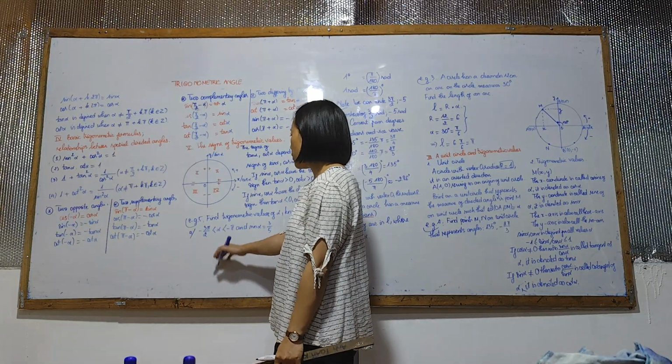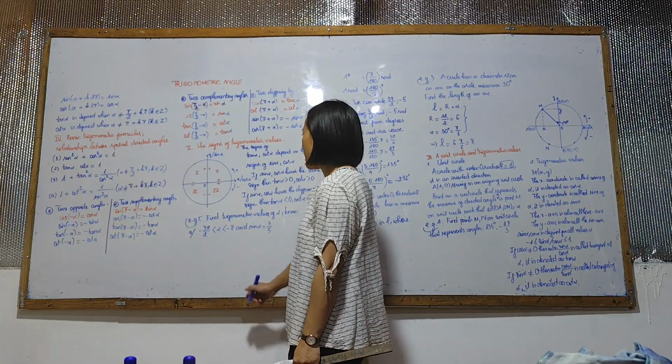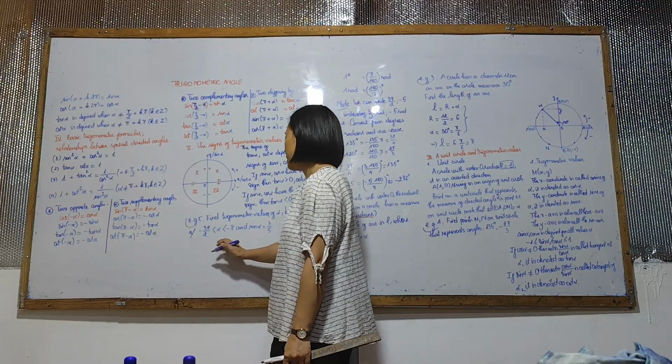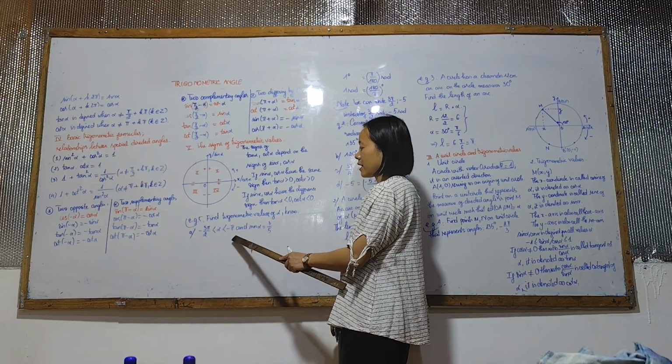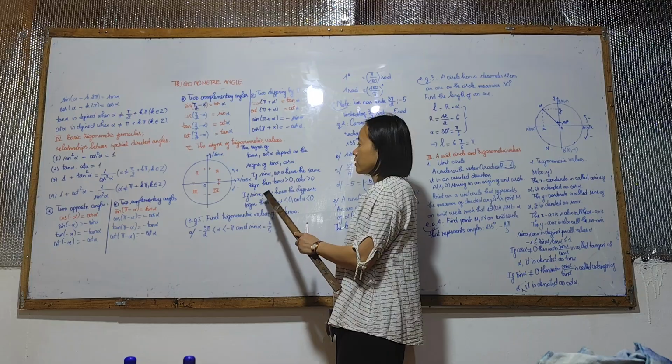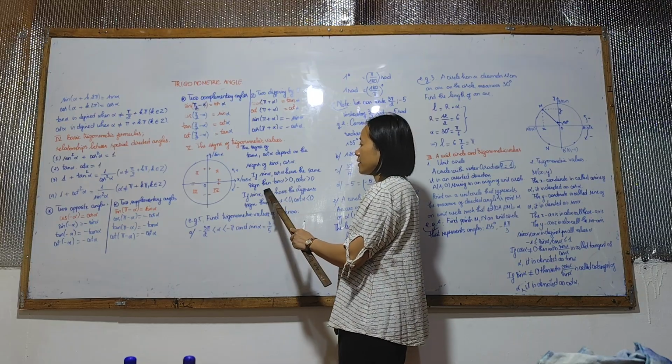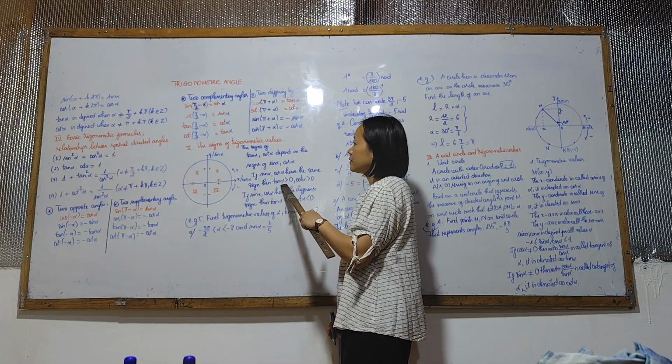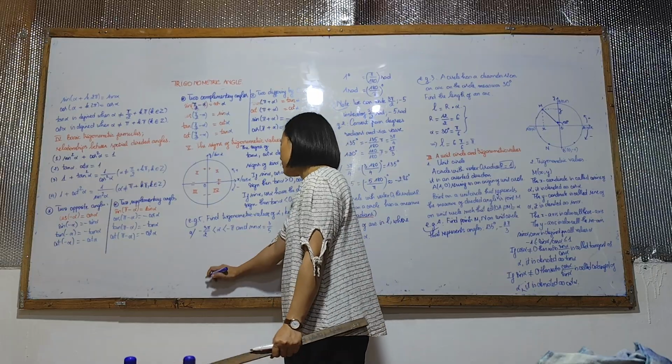Now, step 1, we will find the signs of sine and cosine, because if we have the signs of sine alpha and cosine alpha, then we will have the signs of tangent and cotangent alpha.